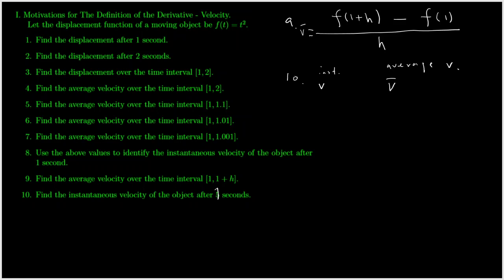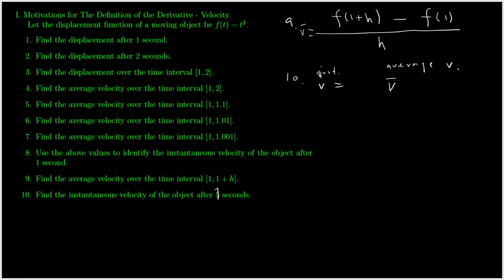Now I want you to be able to answer this question. If you get this question, you get the whole idea. I'm looking for a relation between v and v bar. How do you connect v and v bar? Again, imagine h is a very tiny positive number.